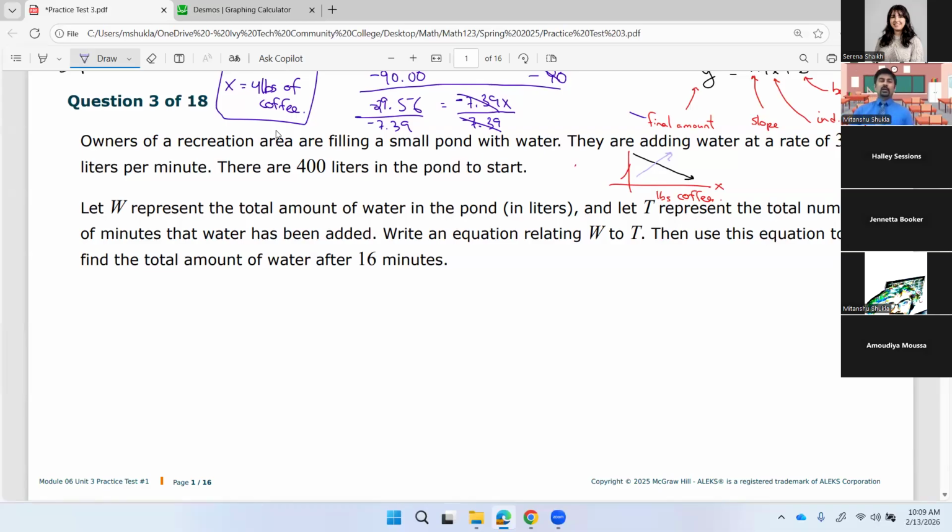So again, real quick, I know that I see a per, and that means I have a slope. And they're literally telling us that there are 400 liters in the pond to start. That's a beginning amount.